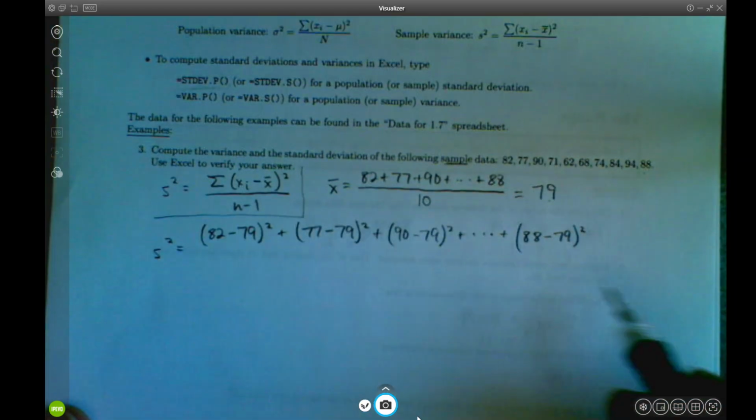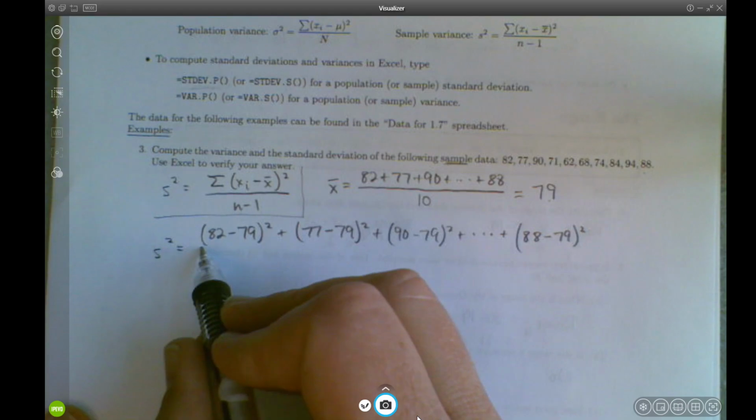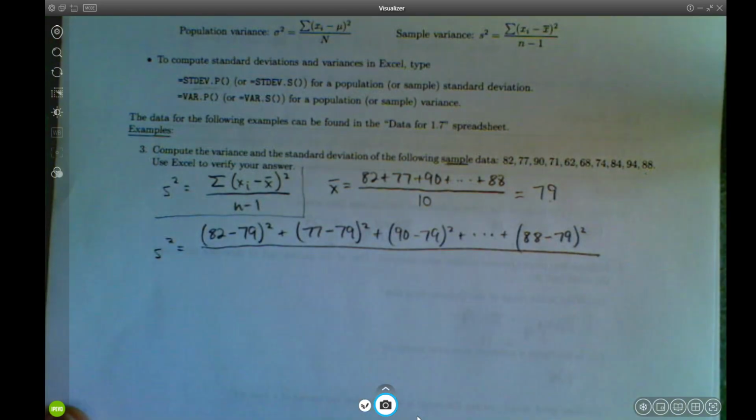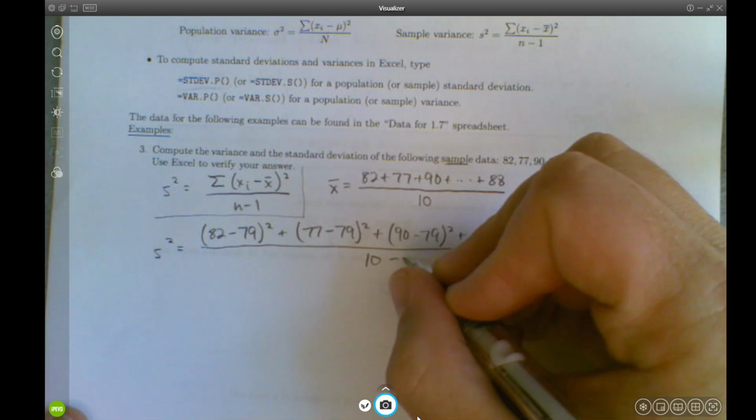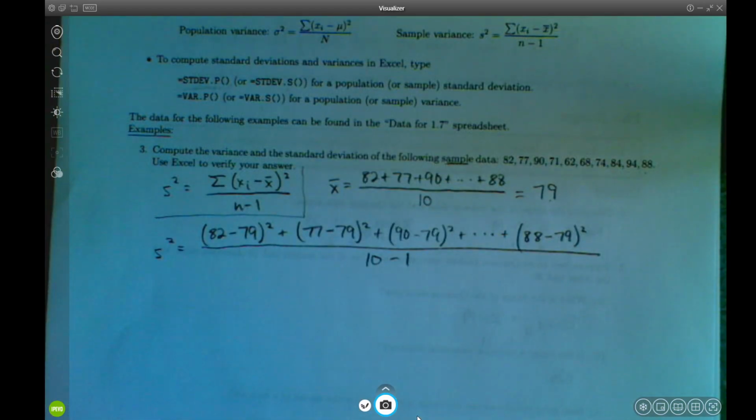We're going to add all of those up and then divide by n minus 1. Now n was 10, so we would divide by 10 minus 1.